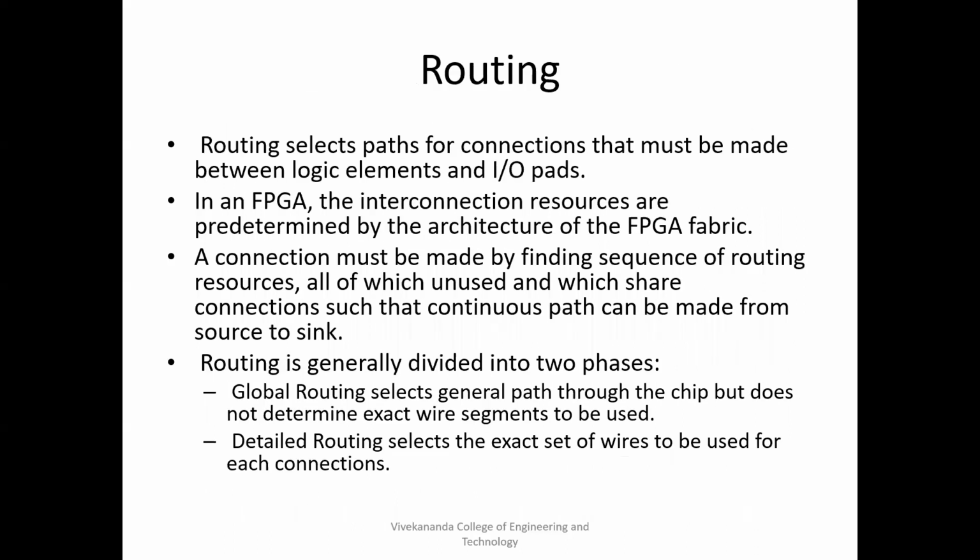Next comes the routing. Routing means selecting the proper path to connect the logical elements and IO pads. As I said, there are two important things we have to consider: the delay and the power dissipation. There are two types, global routing and detailed routing. Global routing only shows you the general path, which blocks have to be connected.